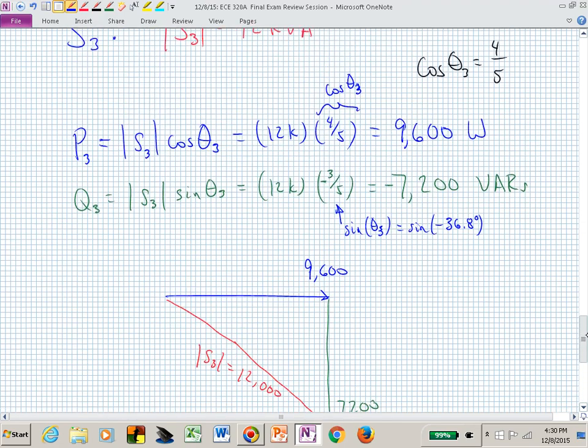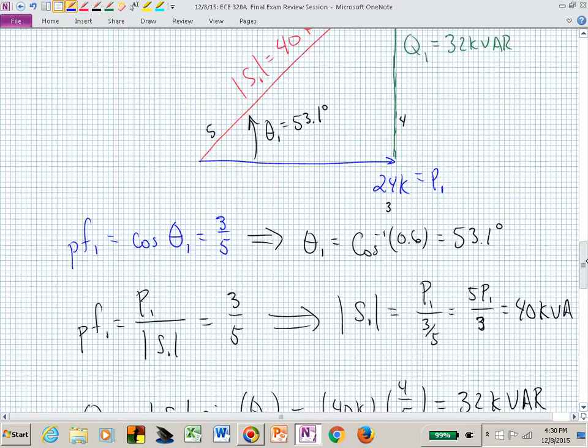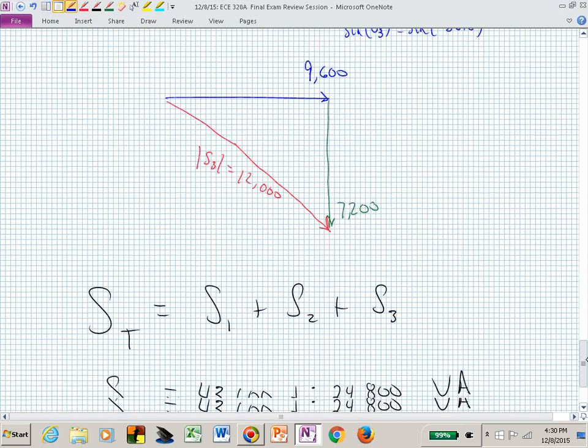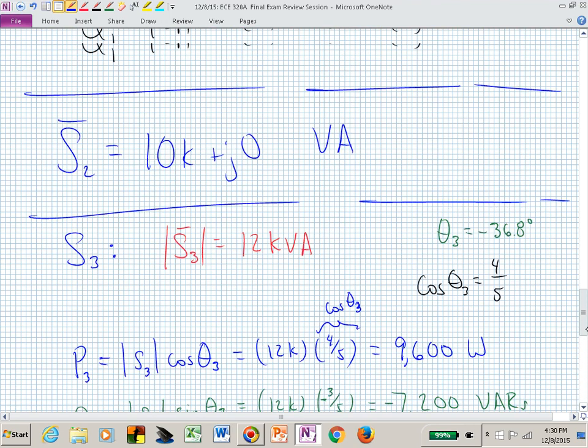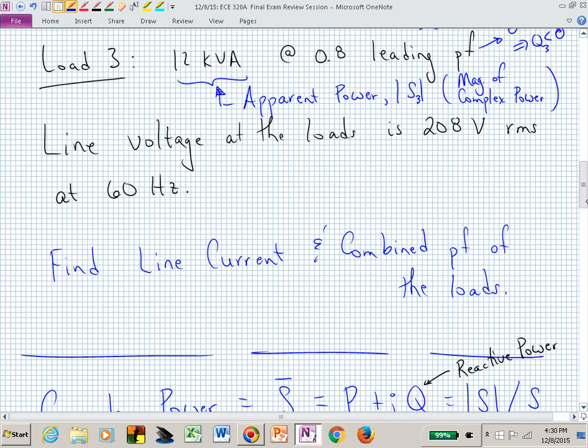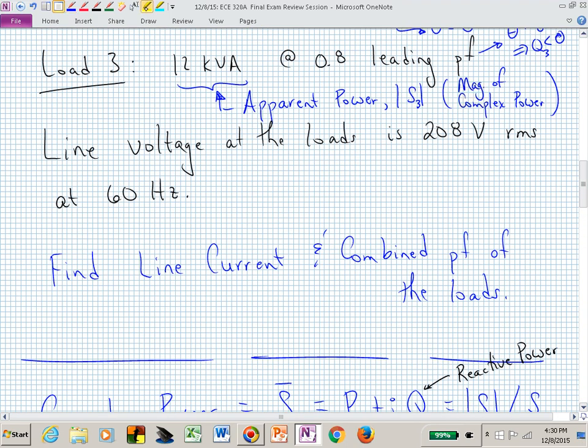We add 9,600, 10,000, and 24,000 to obtain 43,600. That's our total power for all three loads, all three phases. Now what? We were supposed to find the line current.